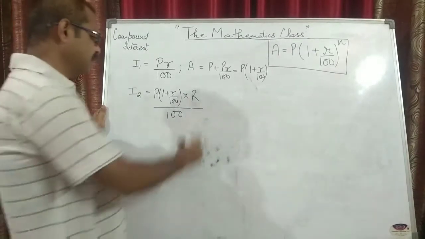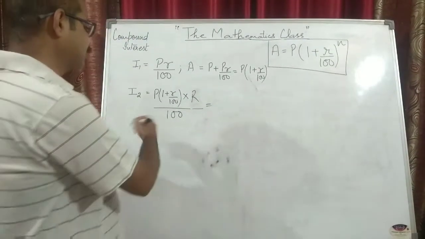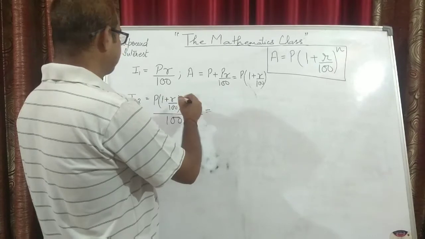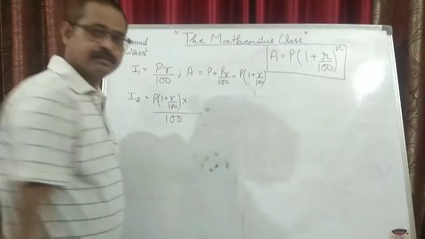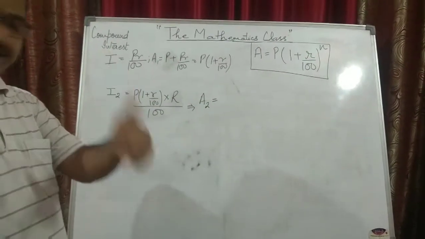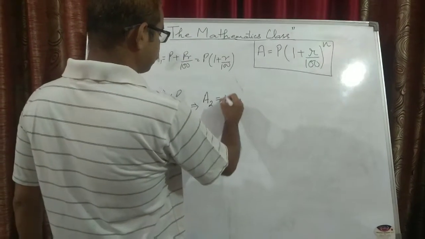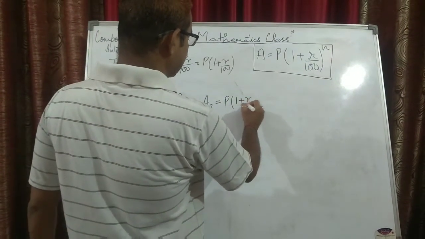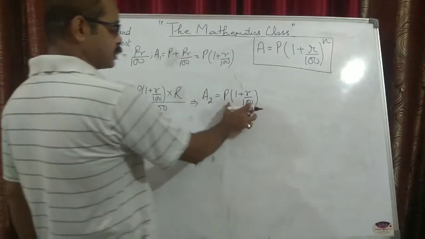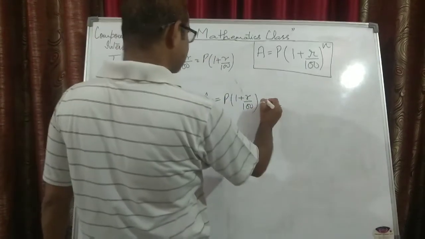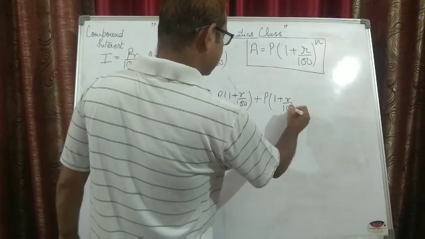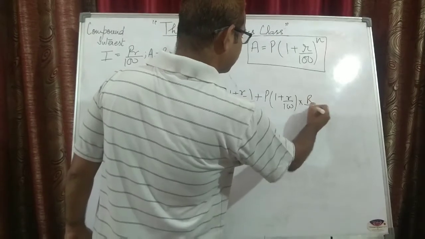So amount for the second year will be principal for the second year plus interest. Principal is the amount of the first year, that is P(1 plus R upon 100), plus interest, which can be written as P(1 plus R upon 100) into R upon 100.